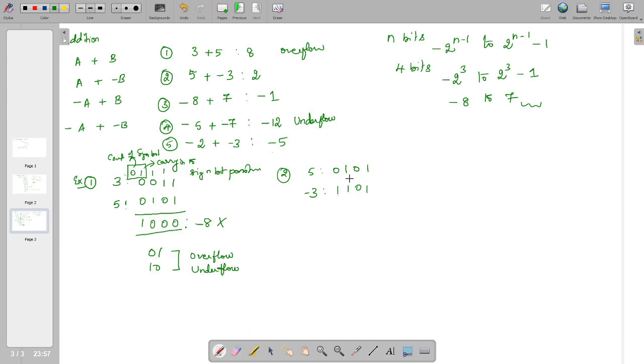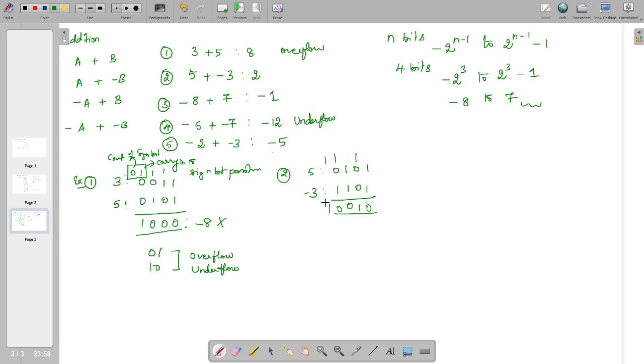So now adding these two numbers. When you add, what happens here? A normal binary addition is being carried out. It is 1. 1 plus 1 is 0, carry 1. 1 plus 1 is 0, carry 1.